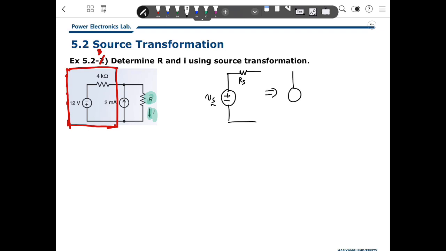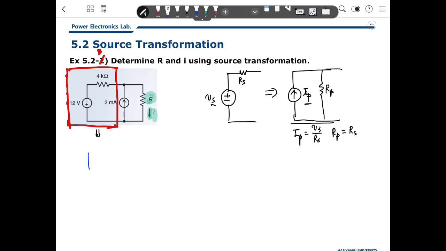We can change to IP and RP in this way. The P means parallel. Then to make this circuit, what should we do? IP is designed in a way that RP is the same as RS.